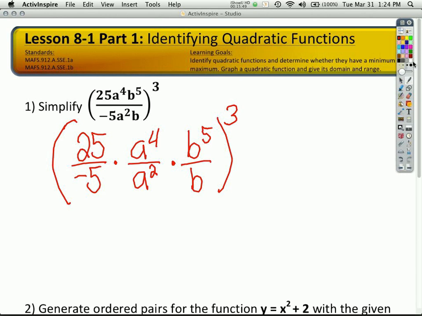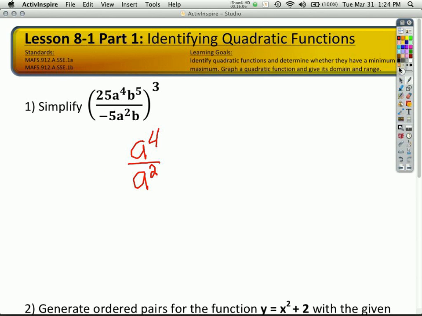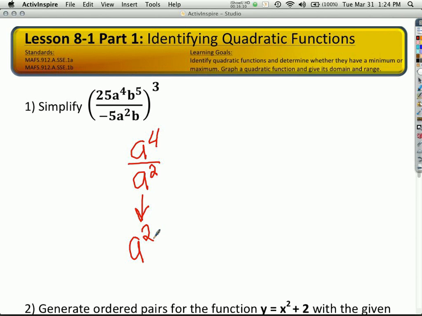I'll take it a step further. What if for the moment I just take away all this, I take away all this? What's that when you simplify? Kiara? A to the second power. So that's a to the second power. That by itself is not hard, right?